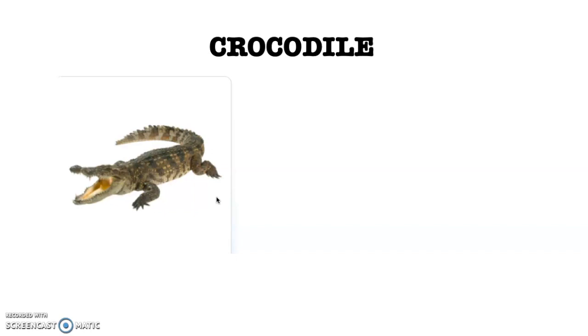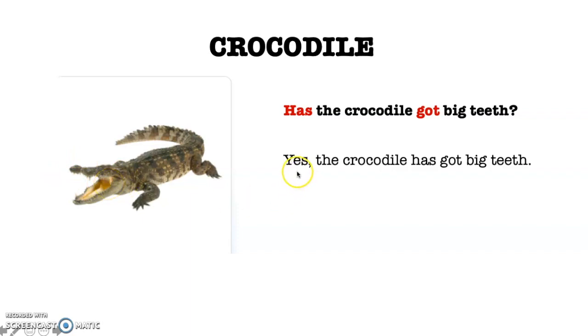Alright, let's start. The first animal that I have here is the crocodile. Look at the picture. The question is, has the crocodile got big teeth? What do you think? Has the crocodile got big teeth? Yes, of course.